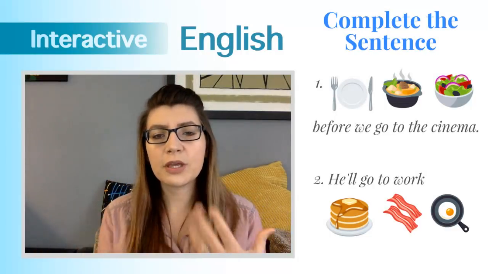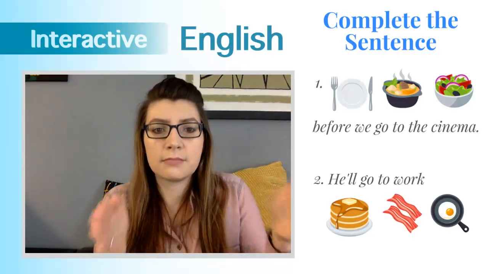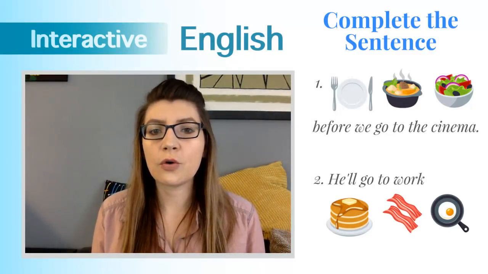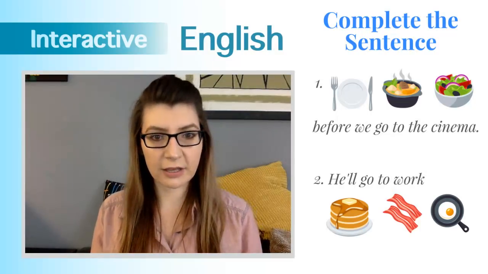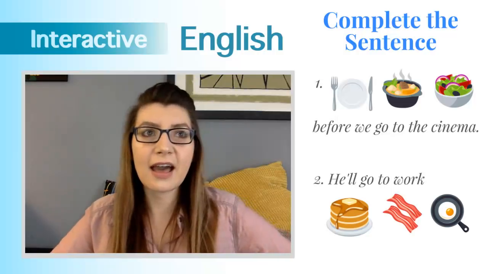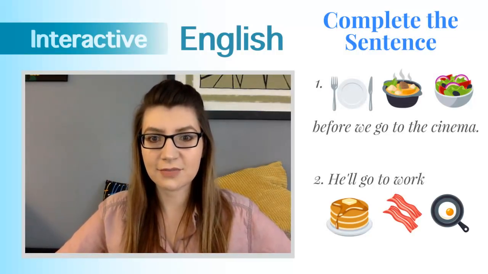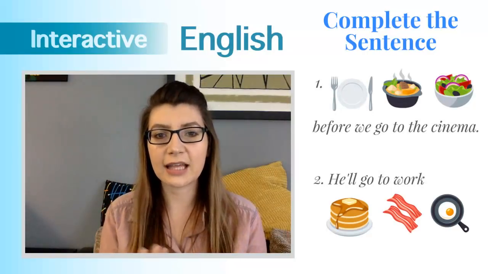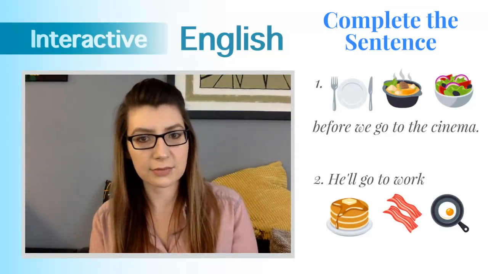So how would we complete this sentence? So there's like, before we go to the cinema. So before we go to the cinema, if you see a time marker there, that means that we already have our time clause. So it means that you need an independent clause. So what can we add to make this an independent clause?